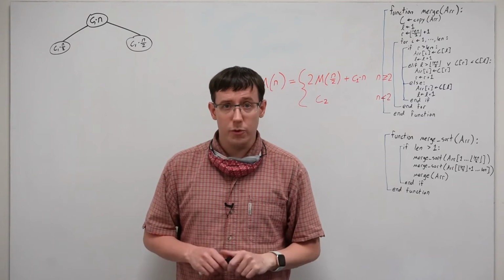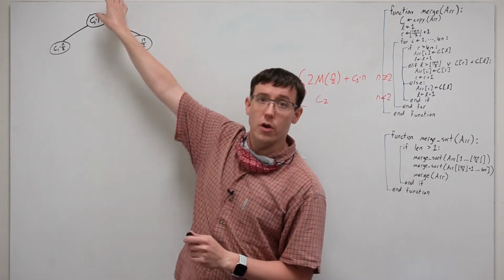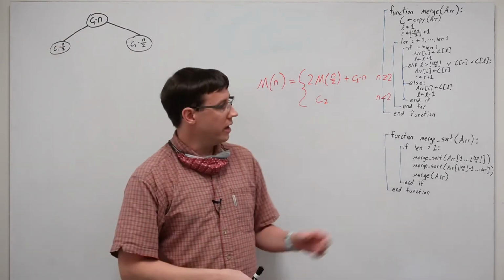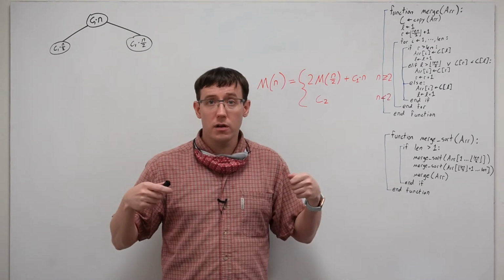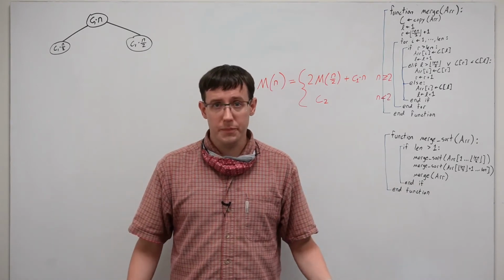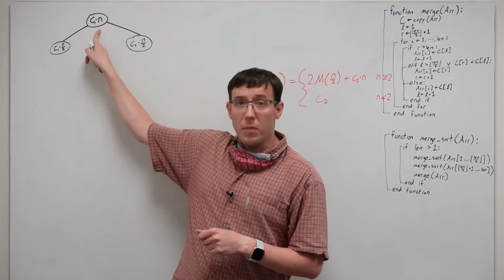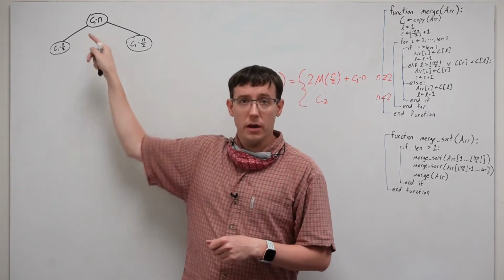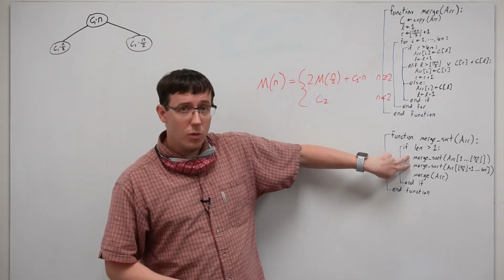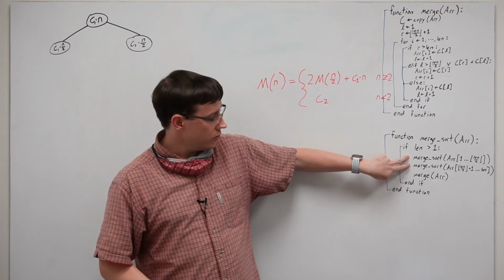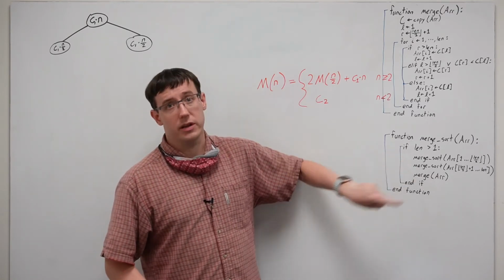In the tree method for solving the recurrence, we're going to draw a tree whose nodes correspond to the various calls that we make over the course of the recursive algorithm. And in each node, we will denote the amount of work being done by that particular call, excluding the work that is done by the recursive calls and only counting the work that is done at that particular level.